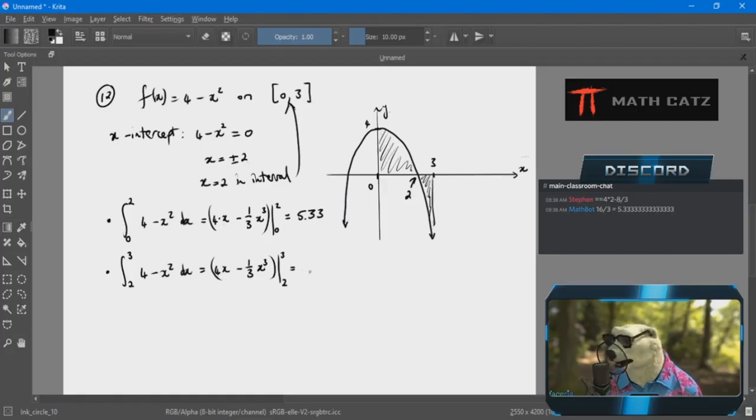And for the second one, I will just emphasize once again, for those that need it, that I'm plugging in the top boundary value, and then I'm subtracting all of the answer that I'm getting when I'm plugging in the bottom boundary value. Just to emphasize. We'll do it all in one go, but you can certainly break it up into pieces if you want to.